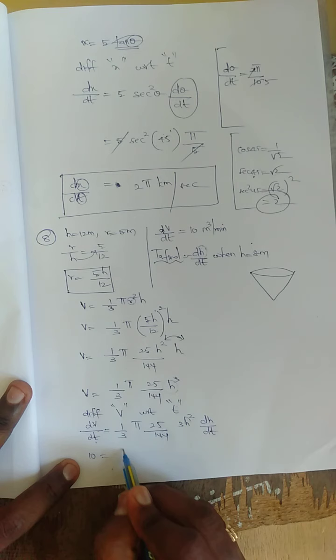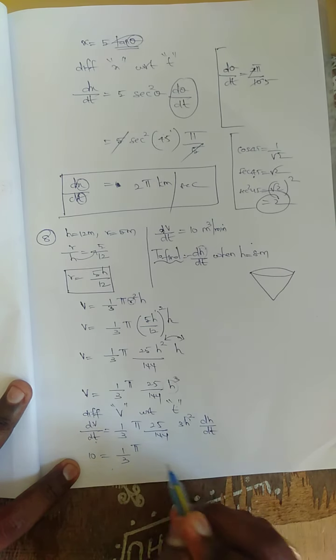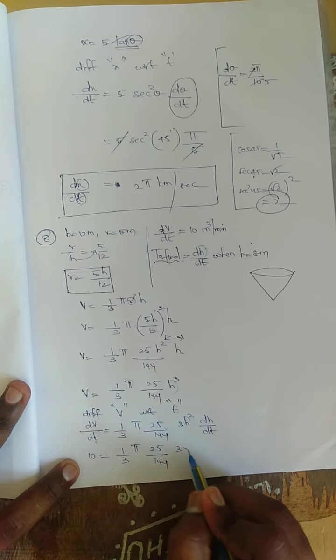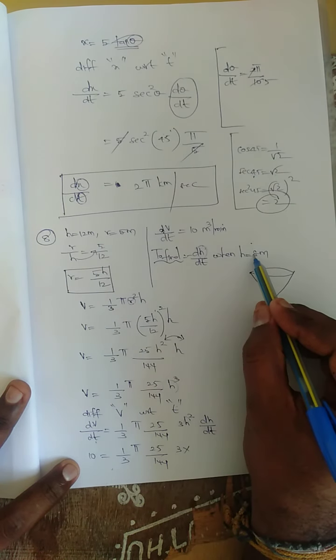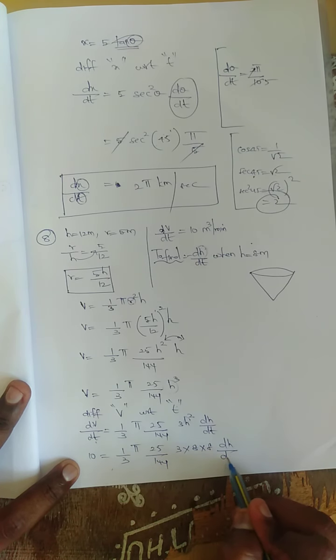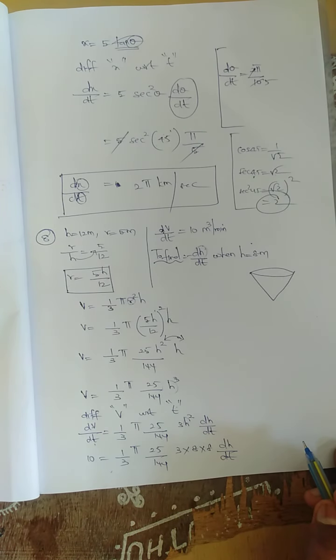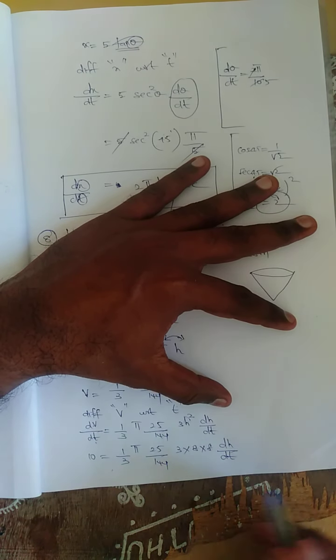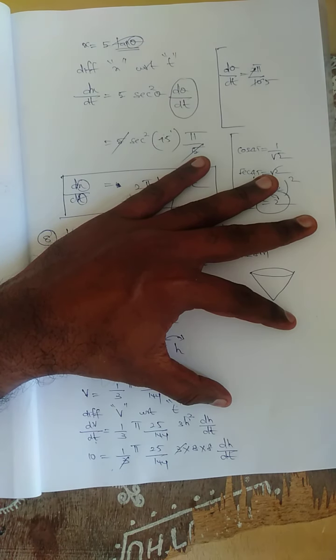Nothing but 10. So 10 equals 1 by 3 pi 25 by 144 into 3 h square dh by dt. What is h? H is nothing but 8, so 8 into 8 into dh by dt. Cancel down properly, otherwise the sum will not work out. So 3 and 3 get cancelled.